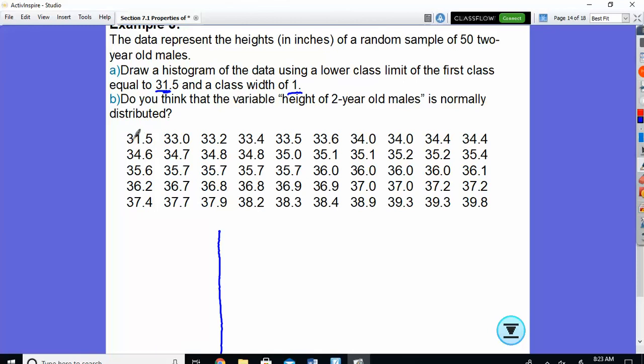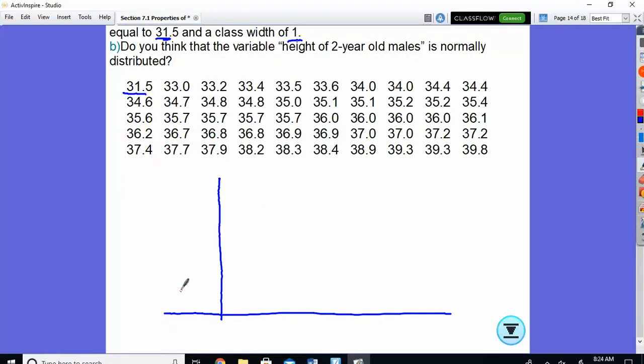Okay, so my first class will go from 31.5 to 32.4. So how many points fall within that? 1. If I were going to plot the relative frequency, remember frequency versus relative frequency, it doesn't matter. The only thing that changes is your labels here.